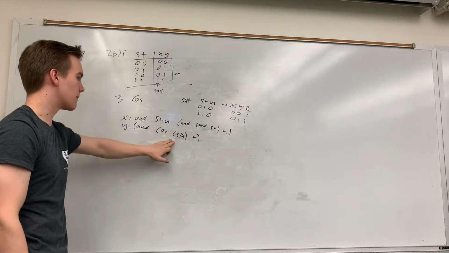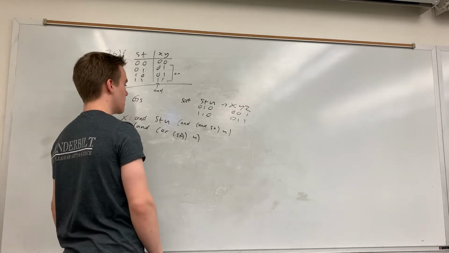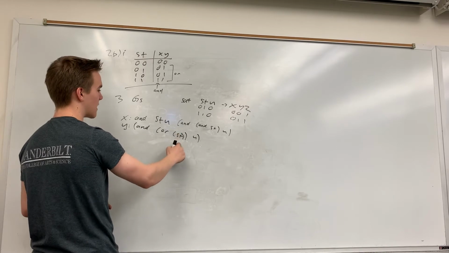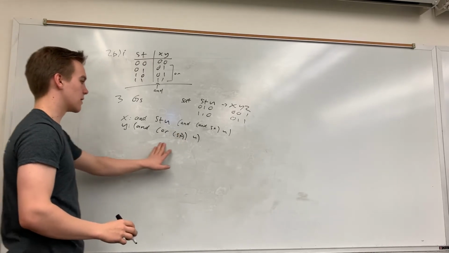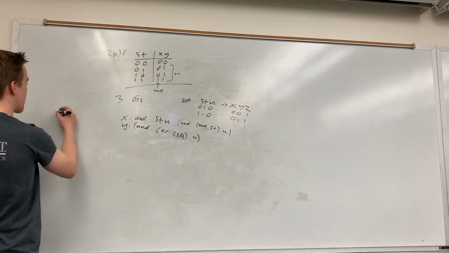So this gets the case where either s or t and u, and then the only other case is both s and t, right? Maybe I should have drawn a truth table to make this more clear, but basically y is true in 3 cases.